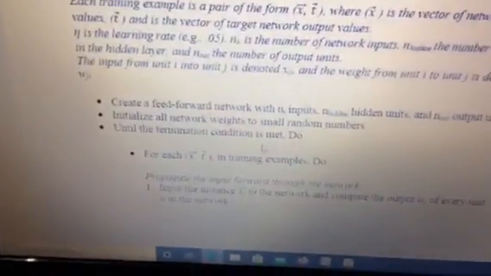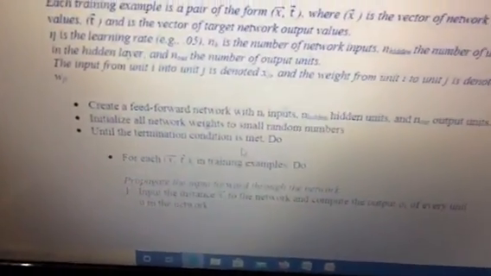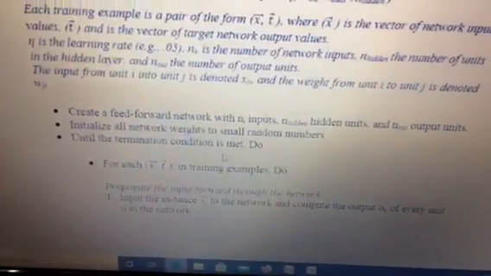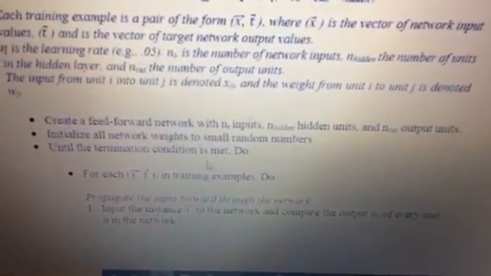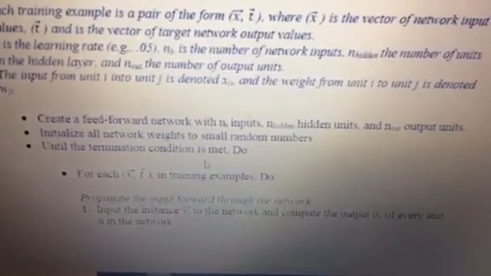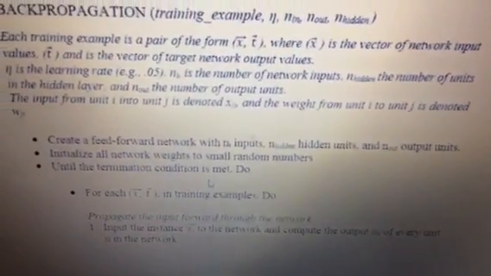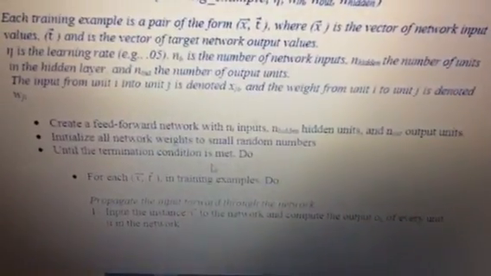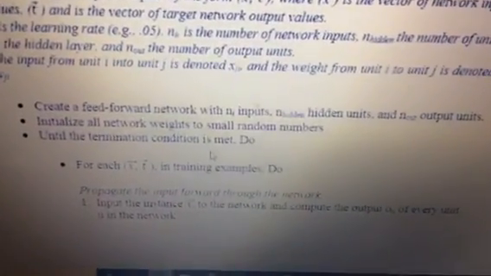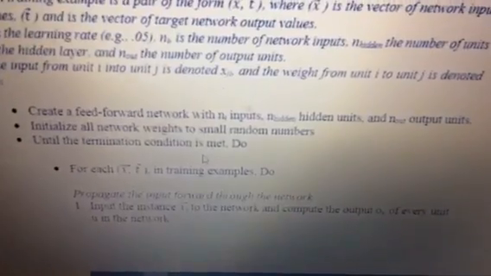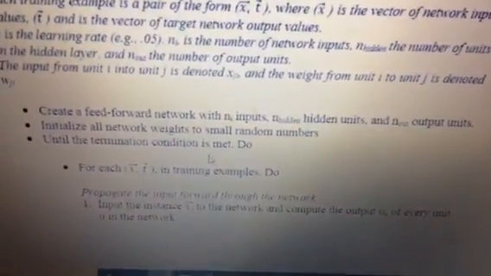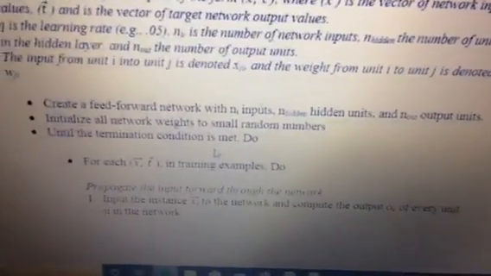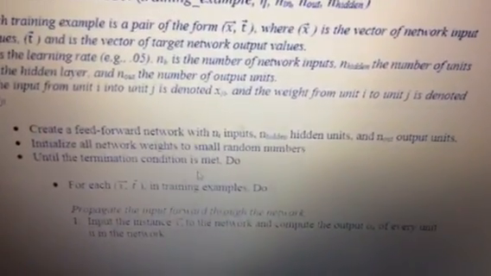Now create a feed forward network with NI inputs, N hidden units and N out output units. Feed forward means moving in the forward direction, that is, the forward computation is performed. Since we are applying the gradient descent method here, delta wi is initialized to 0, and we move step by step from the input layer to the hidden layer and from the hidden layer to the output layer for the first iteration.